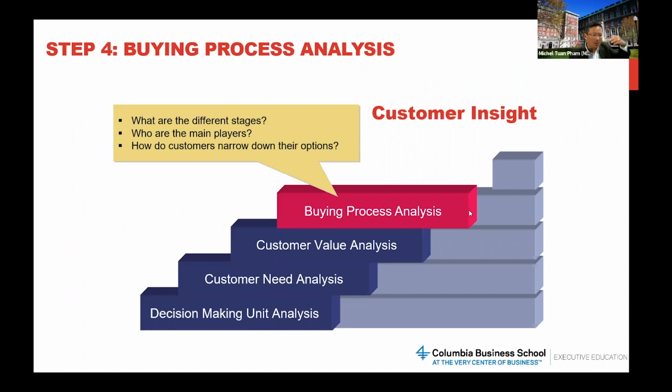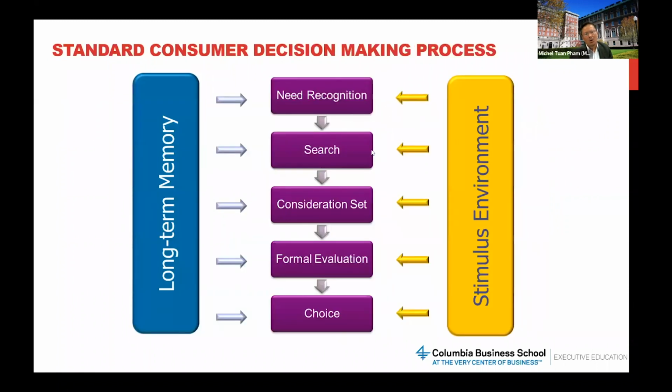And you will see that there are a series of stages in your industries that they're going to go through. And in the B2C settings, for example, what you often find is that there is some event happening in the life of the customers that makes them recognize that they have a need for a given product in their category. And then they start searching for the option, searching for information.